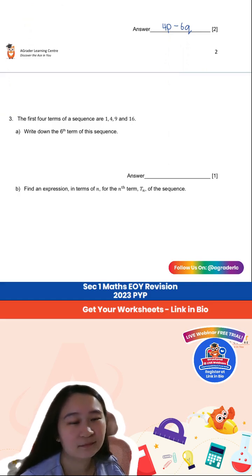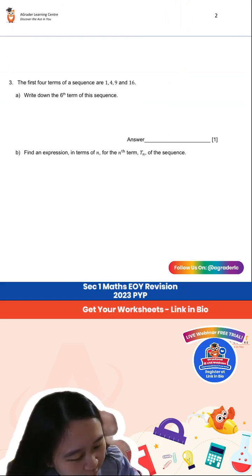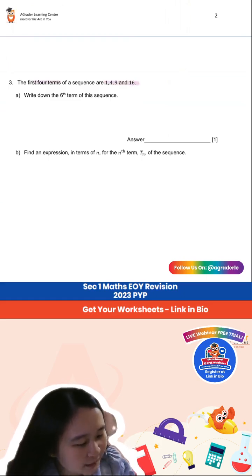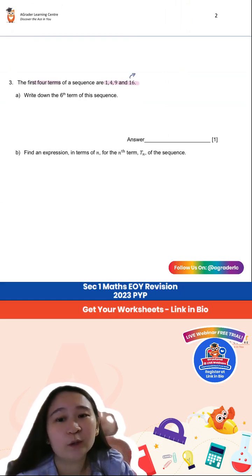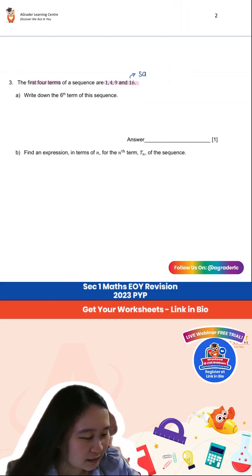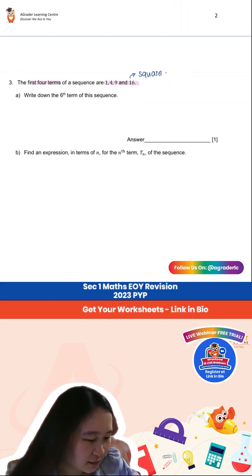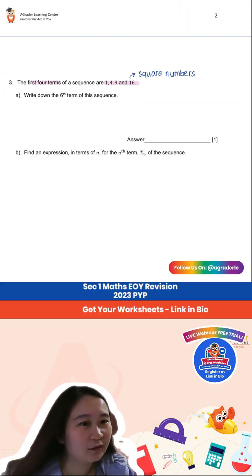Hmm? Question 3A. They want the sixth term. So the first four terms is 1, 4, 9, and then 16. So you need to be good with numbers, since all these are square numbers. If you draw with freehand, then you have to practice more on drawing your curve.